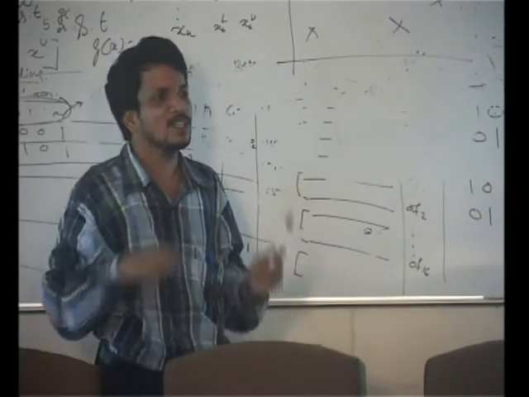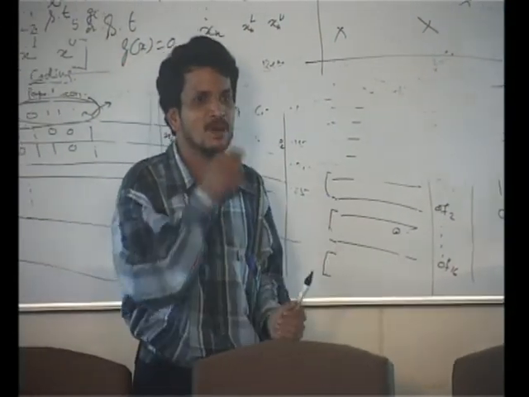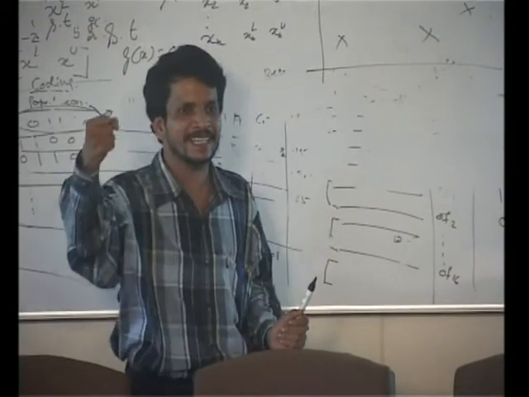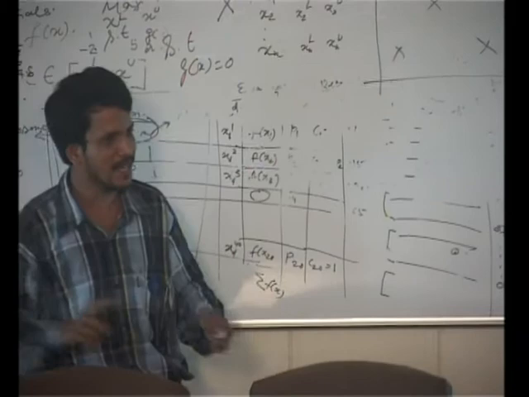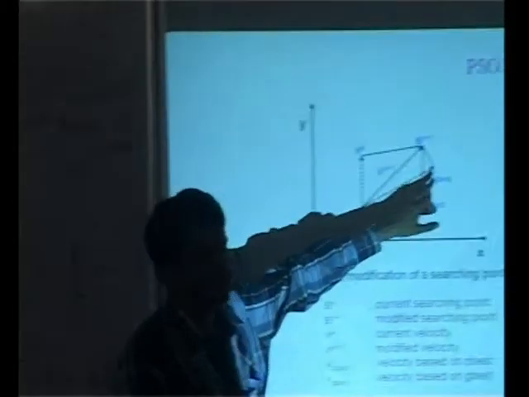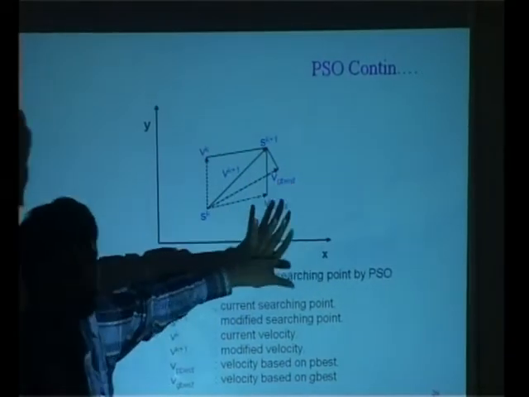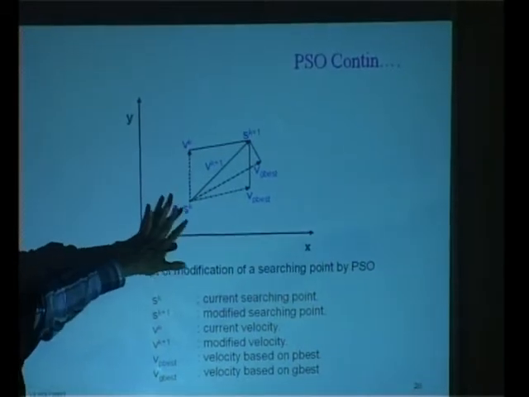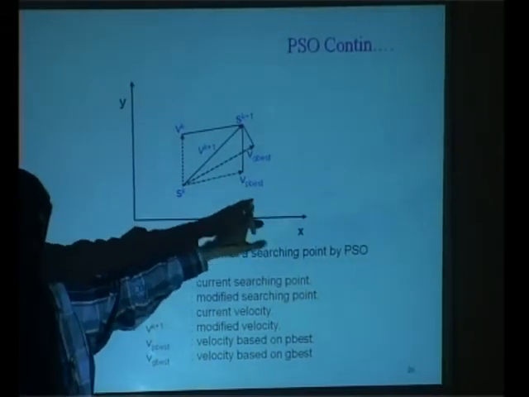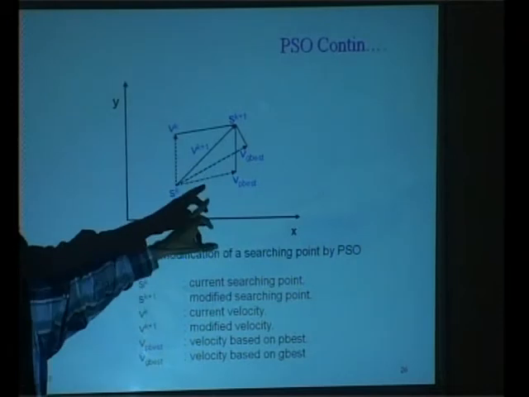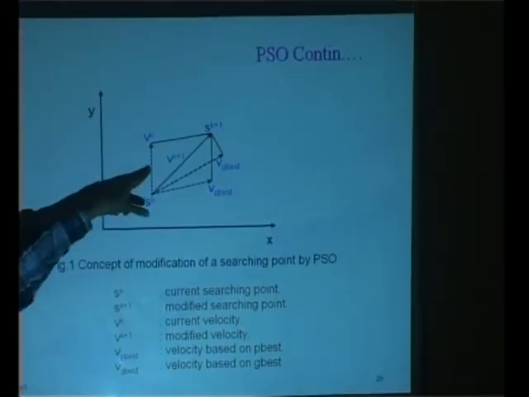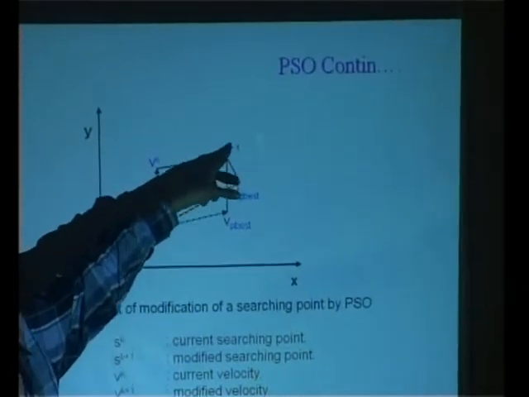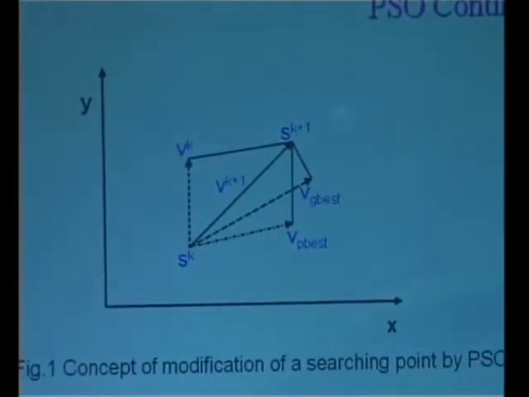Similarly, you are keeping track of the group best. In the group, in the first iteration, what is the best velocity? In the second iteration, what is the best velocity? In the third iteration? Are you clear? So that is the Vg best. Incorporating your cognition, Vp best, and the social influence, Vg best, you now choose your velocity, not Vk but Vk plus 1, to move into the new position Sk plus 1.